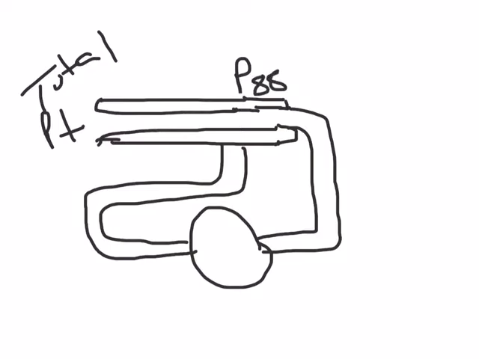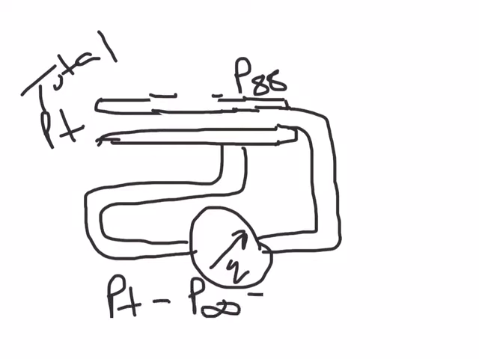And in this area, your static port. That's why we have an opening here. This is your airspeed indicator. So the pressure indicated by the gauge is the difference of total and static pressure. So your total minus the static is going to be equal to the dynamic pressure. And this is how we get airspeed.